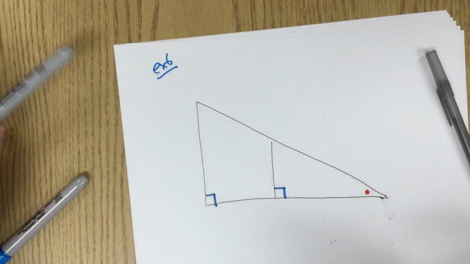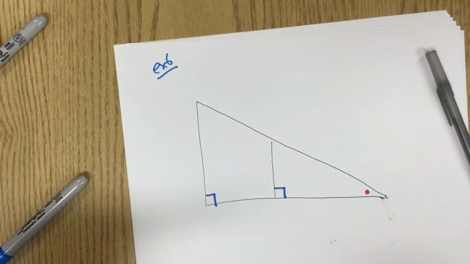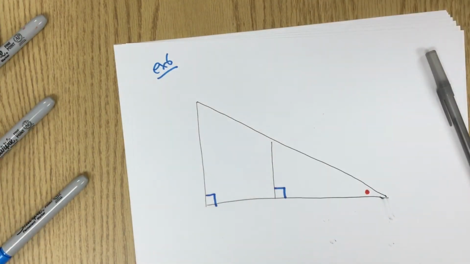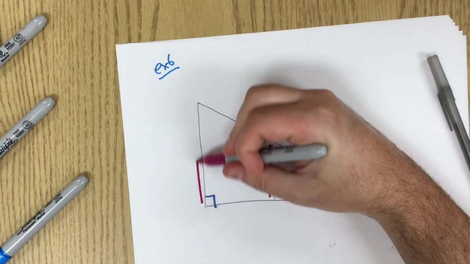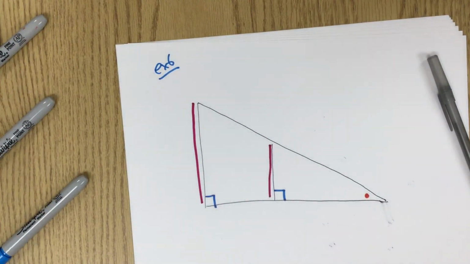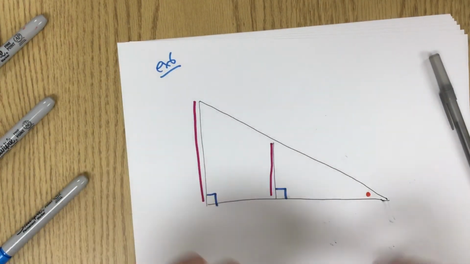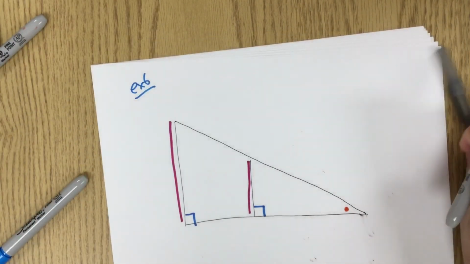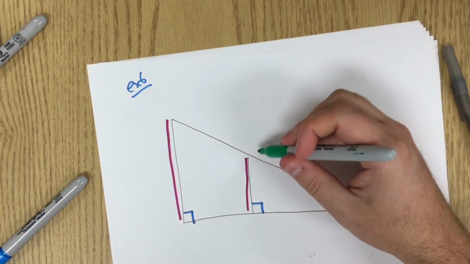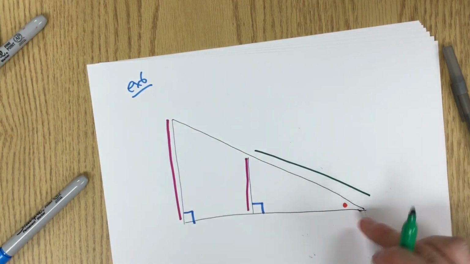So let's start marking the sides. The straightforward one is right angle and blank, right angle and blank. So that on the small corresponds to that one on the big. Now, let's do this one over here.